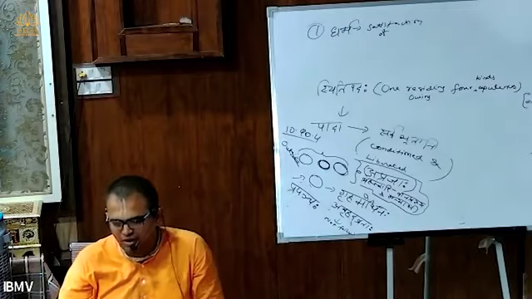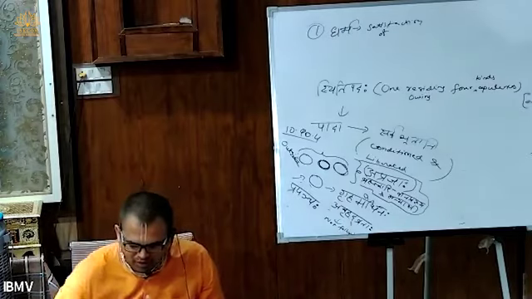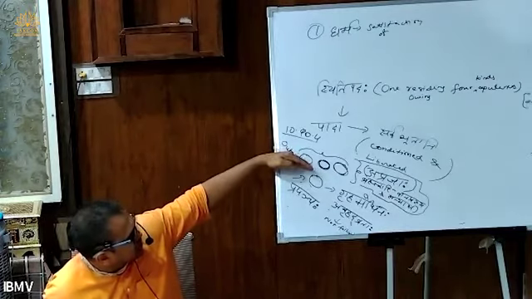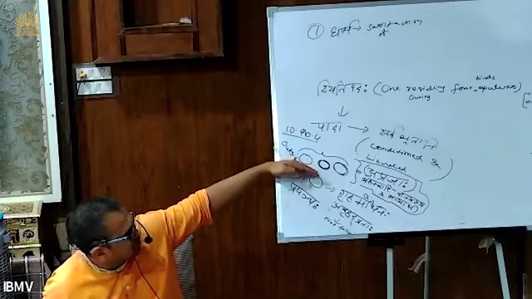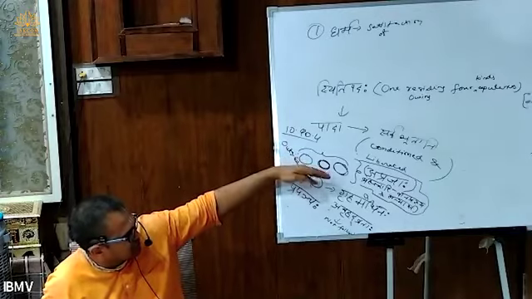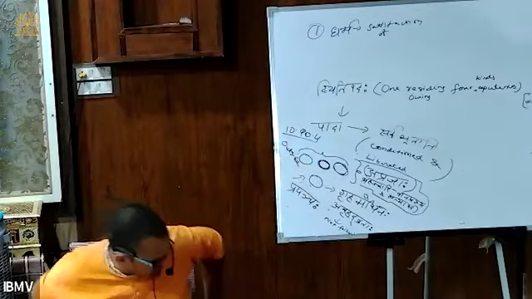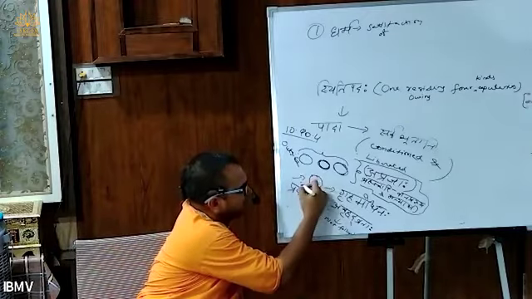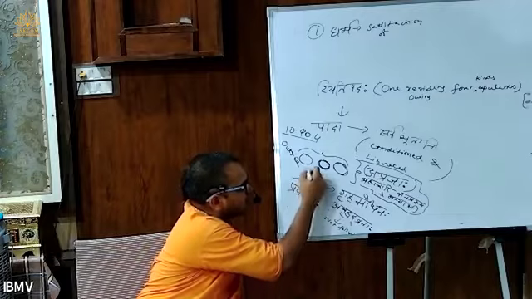So now we have two things. One route is for going beyond the prapancha, and one route is in this prapancha. So any jivatma may stay back in this prapancha or may go back.